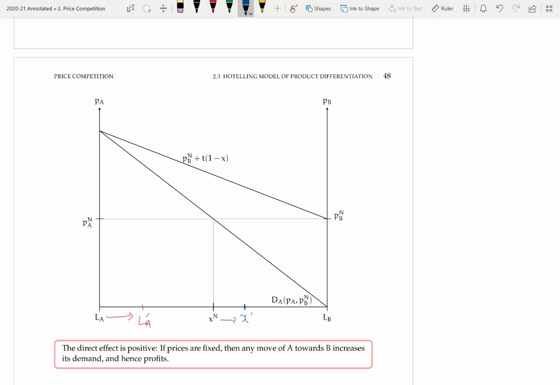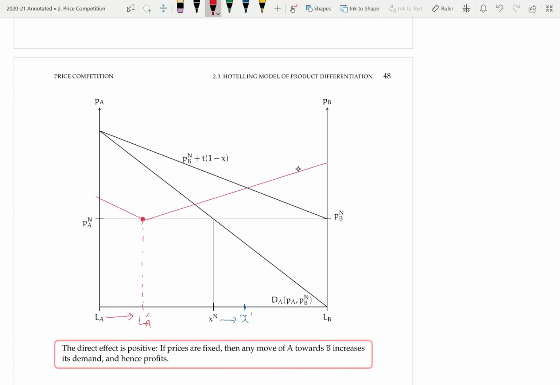Now we can draw the delivered cost line. What would it look like now that firm A is not at 0? For a consumer located exactly where A is located now, the delivered price is just PAN. Then as we move away to the right or the left, the delivered cost is going to go up by T per unit of distance. So it's going to look just like it did before as we move to the right, but as we move to the left, it's going to be reflected.